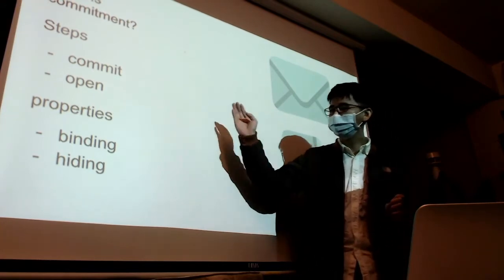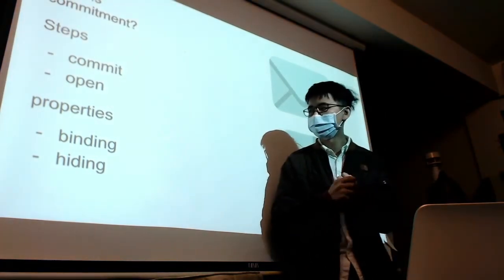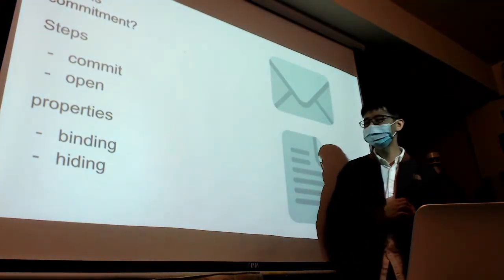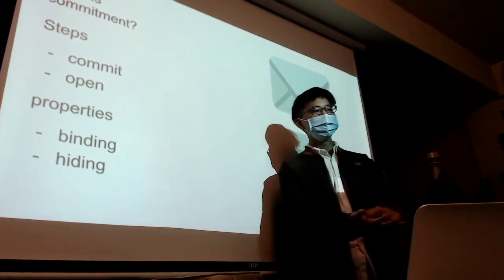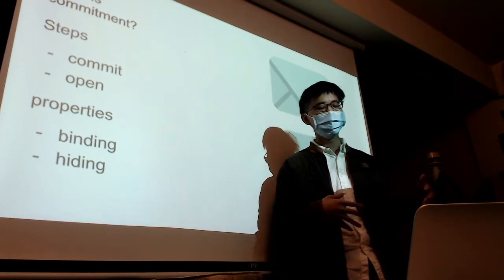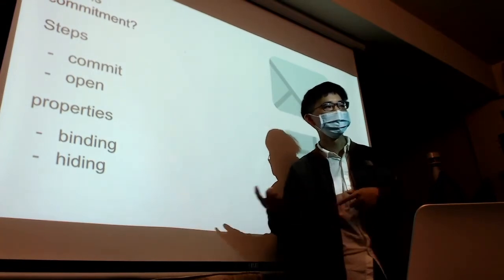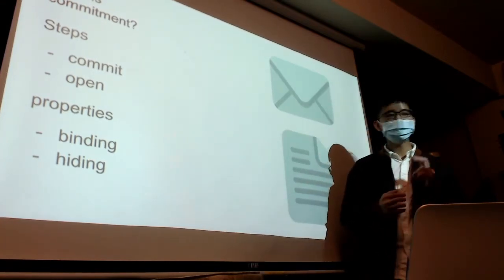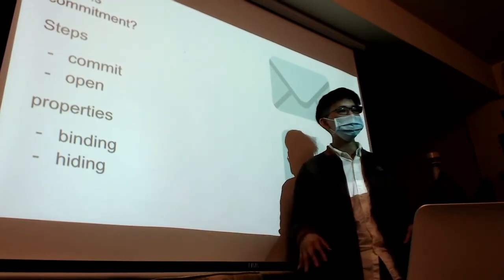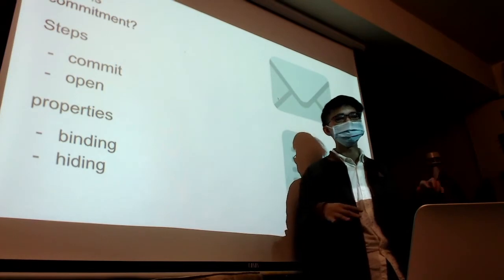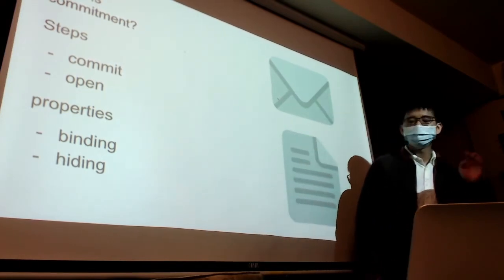So as we can see, the commitment has two important properties. First, it must be binding. You cannot commit a message and after 3 months the message is different. The other property might be important in some use cases, but not all use cases need the hiding property.